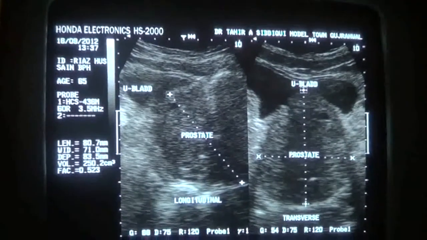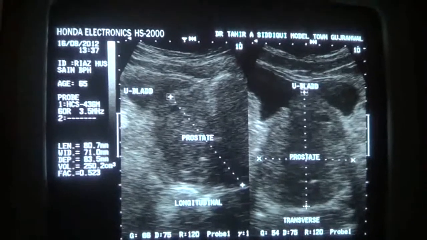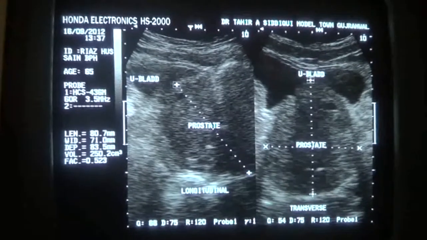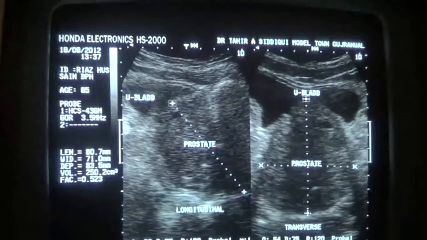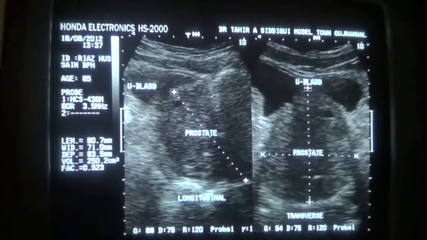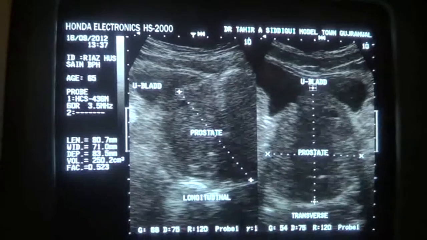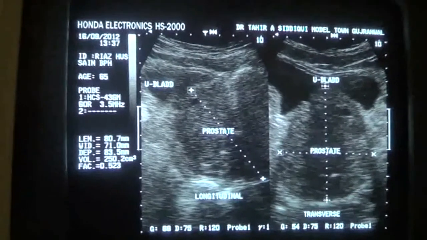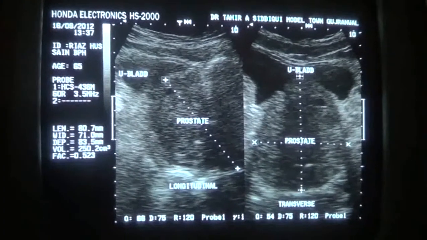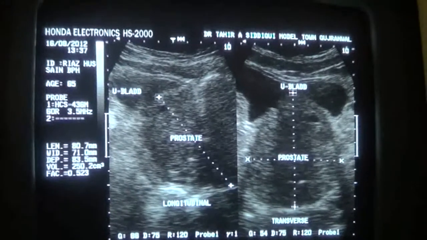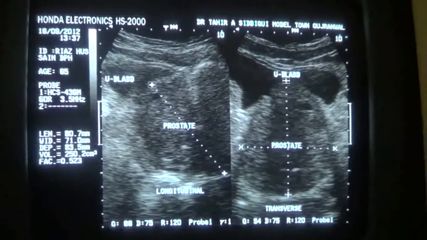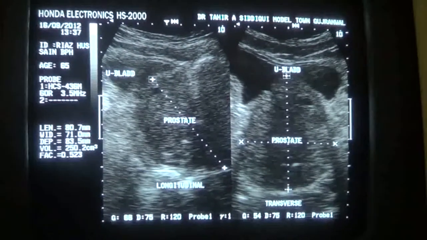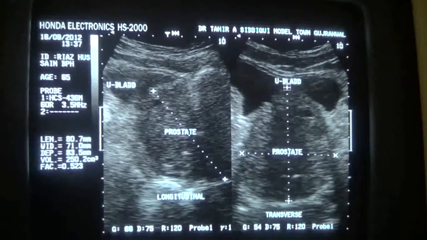250 grams. Normal is up to 40, and in this patient the size of the gland is approximately 250 grams. It measures 8.0 centimeters in length, 7.1 centimeters in width, and 8.3 centimeters in depth.